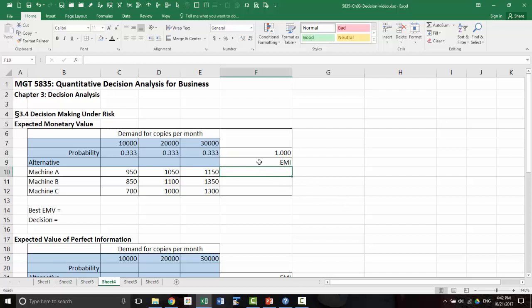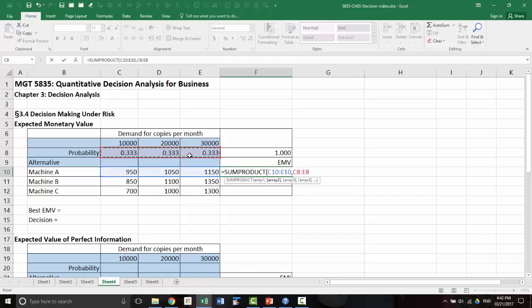So expected monetary value now is sum product of the cost with the corresponding probability. The probabilities must be absolute referenced. So now the values will be paired, multiplied, and then added up.